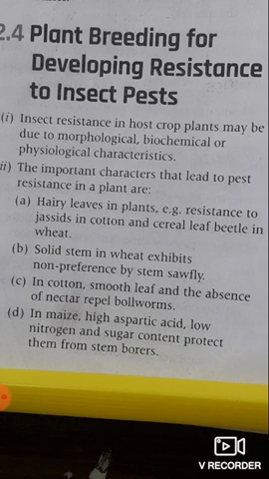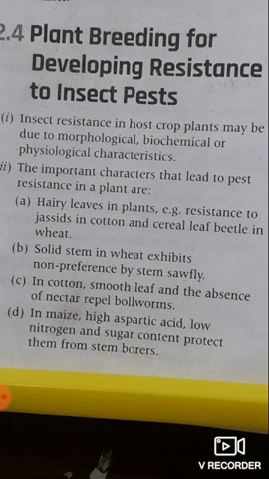Why? Because of morphological, biochemical and physiological characteristics. Some plants, morphologically, biochemically or by other mechanisms, also become resistant. For that, we need to see how such characteristics can make the crop resistant to insects and pests.